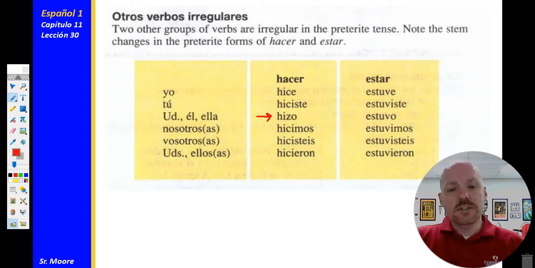We do that because if that Z stayed as a C, this would be ico. And we don't want ico. We want to keep that s sound of the infinitive here. So that C has to change to a Z in the third person singular. Hice, hiciste, hizo, hicimos, and hicieron.